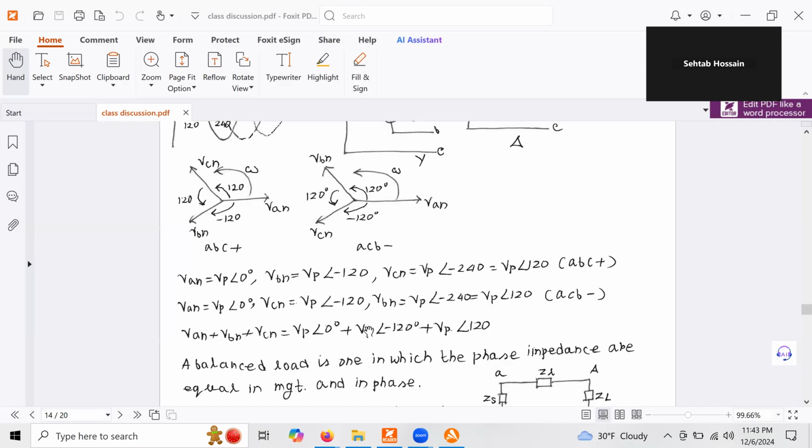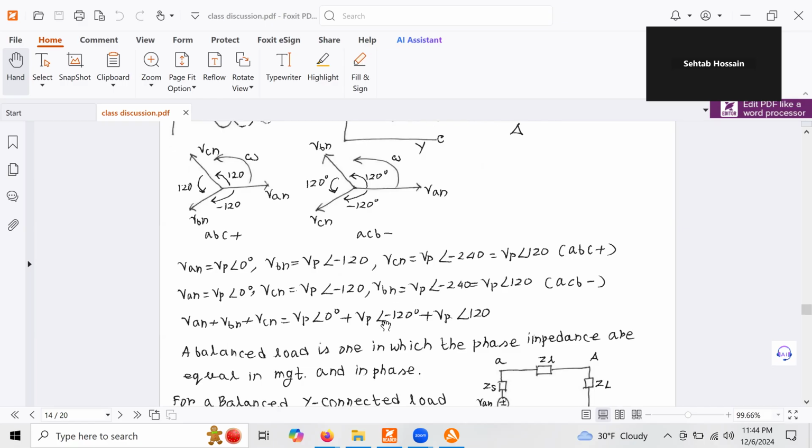This is for the positive sequence, and for the negative sequence, VAN will be the same. VCN will be minus 120 degrees apart from VAN, and VBN is plus 120 degrees apart from VAN.